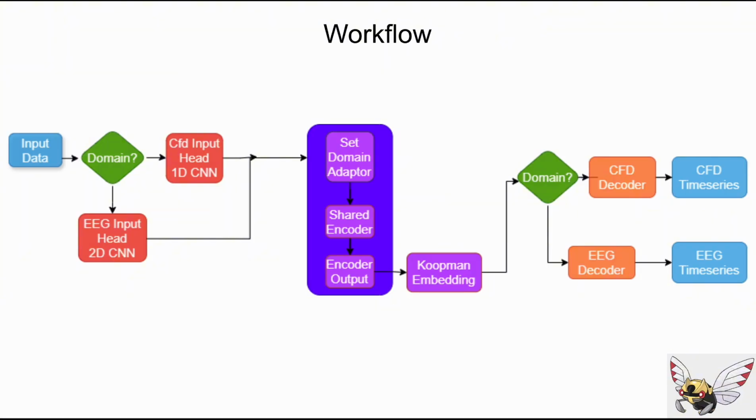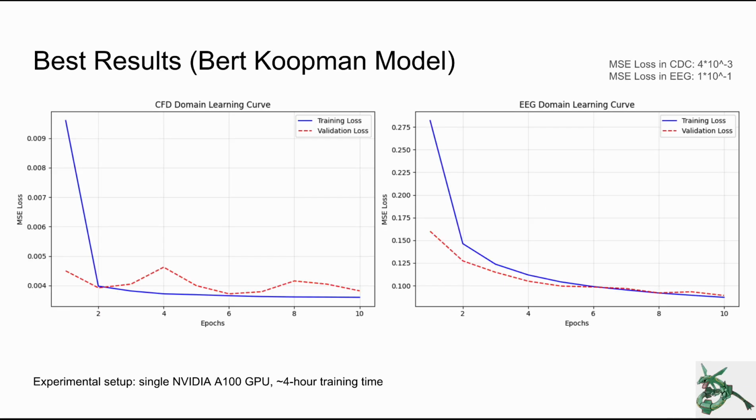And then again, a similar domain logic helped us split the data into either the CFD decoder or the EEG decoder, through which we were able to get the CFD and EEG time series and then compare them to the actual data and overall fine-tune our model.